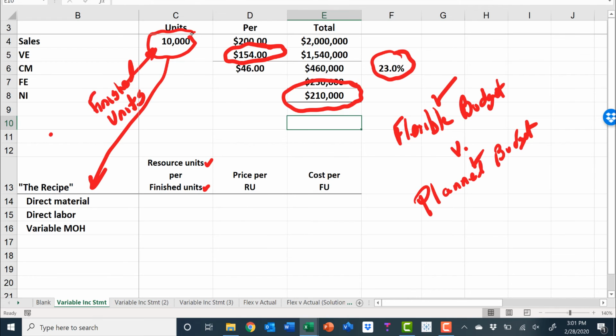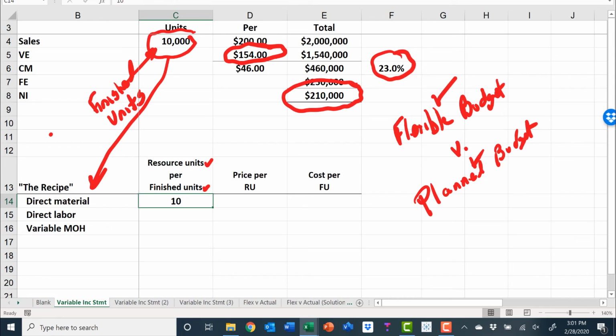So in this problem, it's given to you in the problem itself that it's going to take 10 yards of material to make a finished unit. Okay, so I'm selling in this problem window covers, so maybe 10 yards of plastic to make the window covers, and so I've got to buy 10 yards.